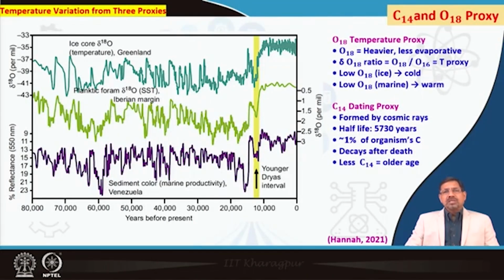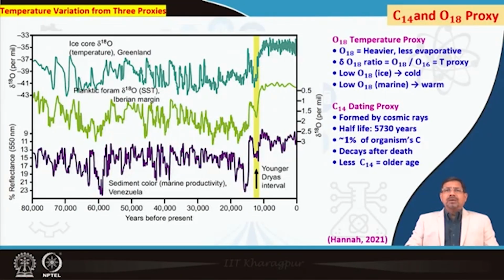So, this ratio of O18 to O16 is being used by geologists to understand the temperature proxy. So, what does it mean? Low O18 in the ice indicates a cold era or ice age, and in the marine record it indicates the warm era.